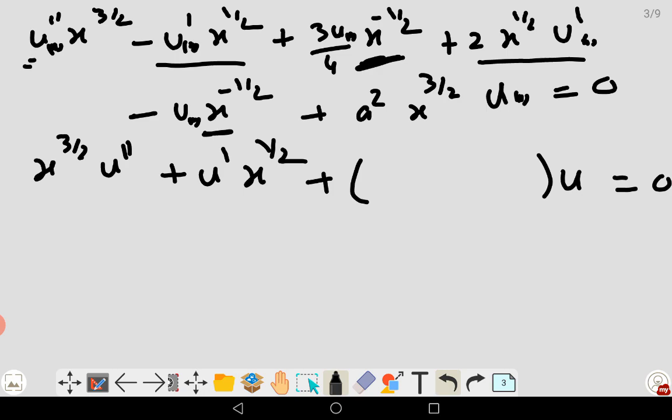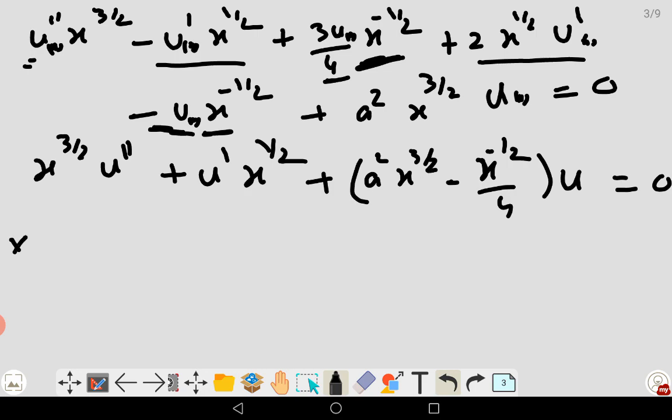So negative 3 by 4 plus 1, so minus 1 by 4, and minus 1 by 4 times x power half, because this is positive 3 by 4 and negative 1 here, negative 1 here, and x power 1 by 4 common, and the last term is a square x power 3 by 2. This is what you get when you simplify.